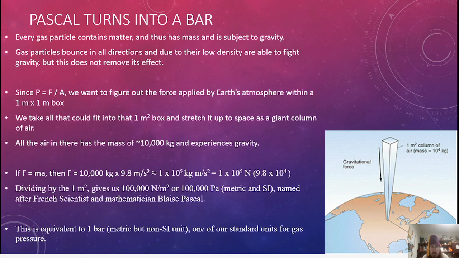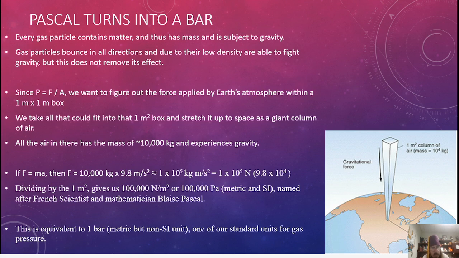Now, gas particles bounce in all directions, and this is due to their low density. They are able to essentially fight gravity, as they have enough kinetic force that the upwards force is greater than the downward effect of gravity.